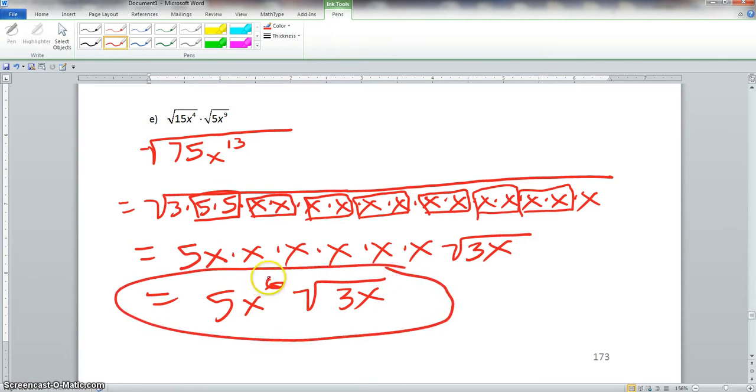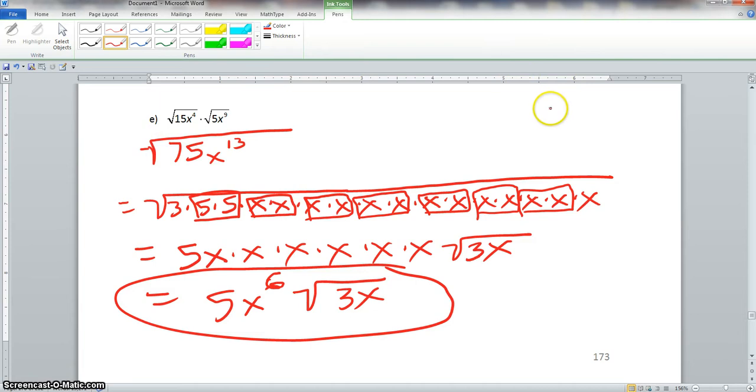Now listen, we have to come up with an easier method of doing this, because how many of you on the exam, if this would have been x to the 24th power or 29th power, would want to write out 29 x's. So listen, all you have to do to find out how many x's you will have here, especially if the number is even, is take the even number divided by the index.